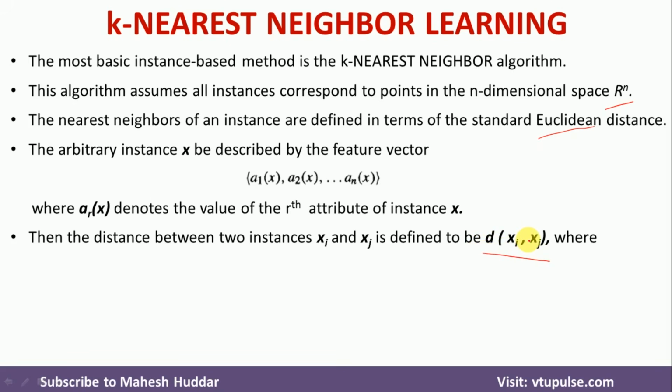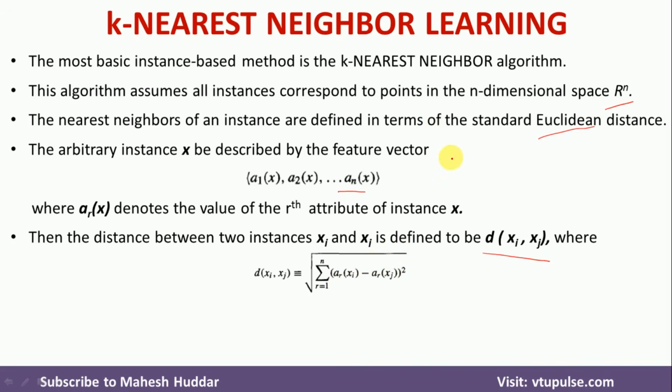The formula to calculate d of xi, xj is equivalent to the square root of the summation of r equals 1 to n of (ar of xi minus ar of xj) squared. The value of r goes from 1 to n, which is the number of attributes here. So it will take a1 first, a2 second, and the last time it will be an. Here ar of xi is the attribute value of the xith instance, and this is for the xjth instance.